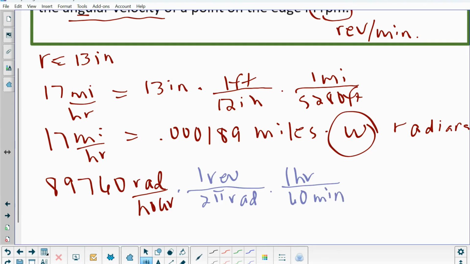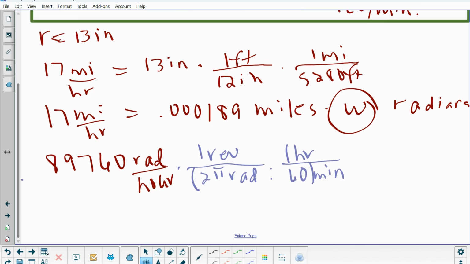Okay, and this is where we have to be careful. So you're going to take 89,760 and divide it by 2 pi times 60. And you're going to put parentheses around that so that you don't make a mistake and just do 2 pi times 60 and the calculator doesn't think you're dividing all of those values.